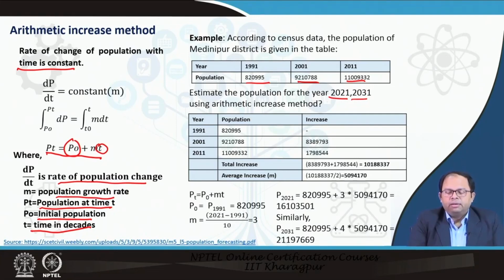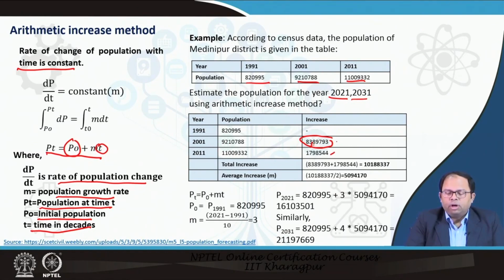We first estimate the increase in the population from 1991 to 2001, the first decade, and we see there is a huge rise from 8,20,000 to 83 lakhs, sorry, and then it increases further over here, and then we can also compute this value.